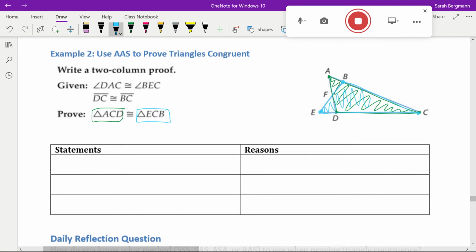Now this is one case where you will definitely want to redraw your two triangles. So I had ADC, this was the green triangle, and the blue triangle is triangle EBC.